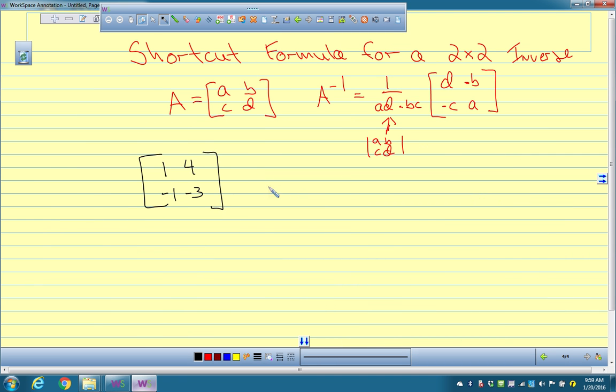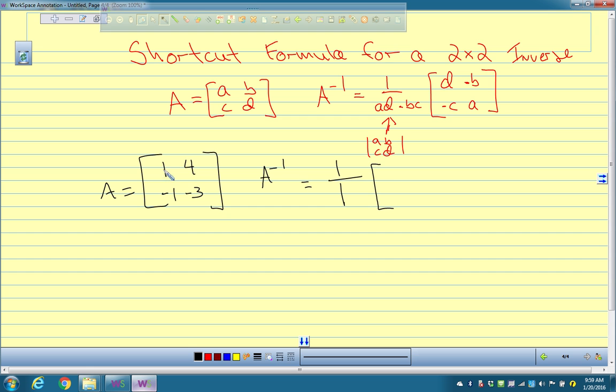So if I want to find the inverse of this matrix, if this is A, then A inverse is going to be 1 over the determinant. What's the determinant of this? It's negative 3 plus 4, which is 1. Oh, that's easy. 1 over 1. It doesn't always come out to be 1 over 1. Times, all you do is you switch places with these two.